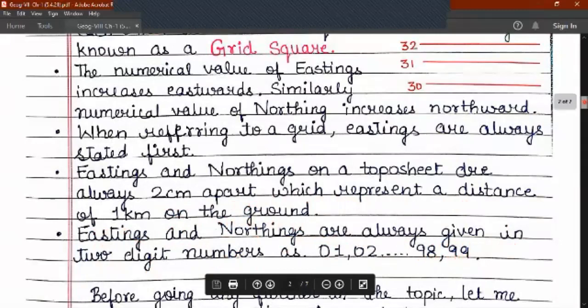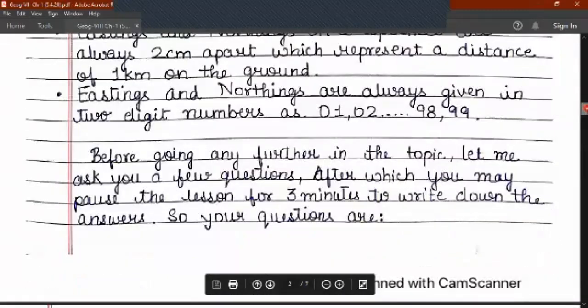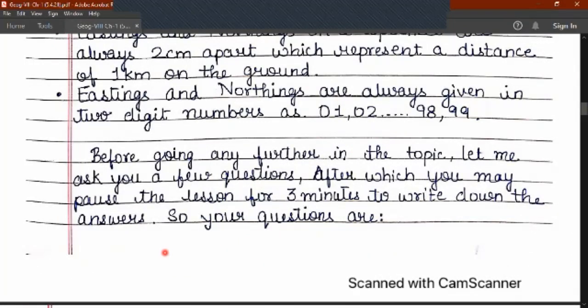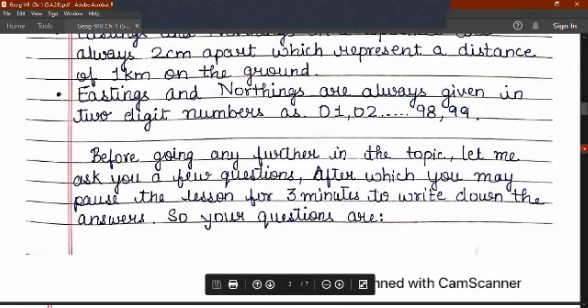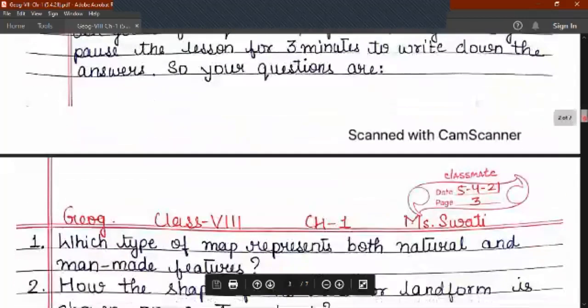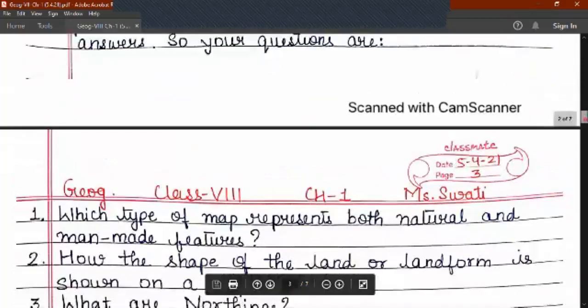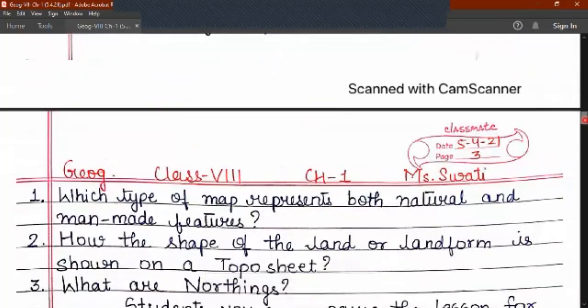Now students, before going any further in the topic, let me ask you a few questions, after which you may pause the lesson for 3 minutes to write down your answers. So your questions are: question number 1. Which type of map represents both natural and man-made features?